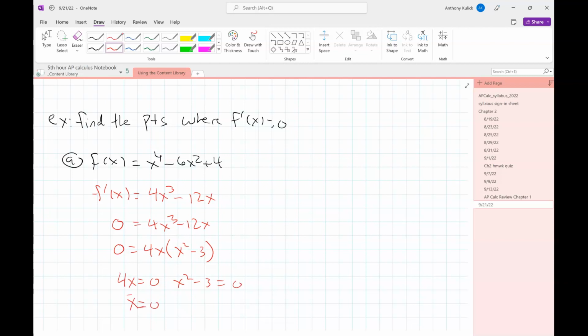So when I divide by 4, I get 0. If I add 3 to both sides and then square root both sides, I get plus or minus the square root of 3. So those are the x values when the derivative is 0. But if I want the points, I should get a y coordinate also, correct?